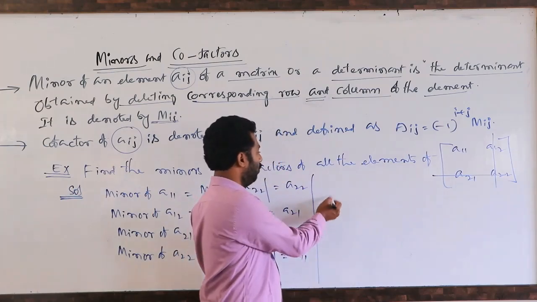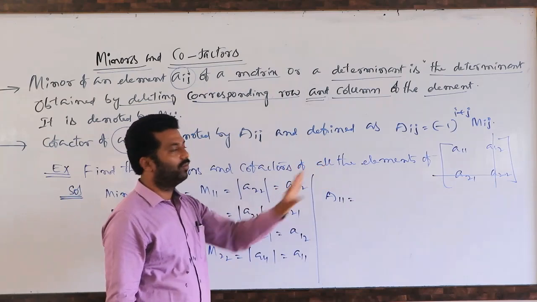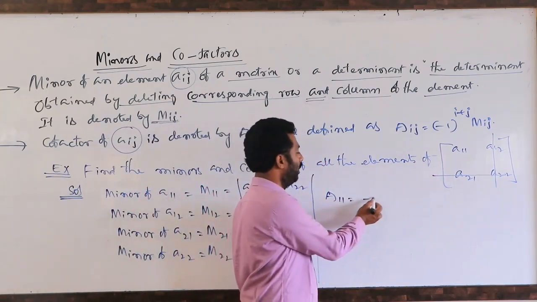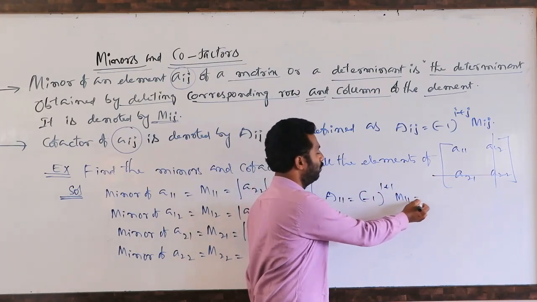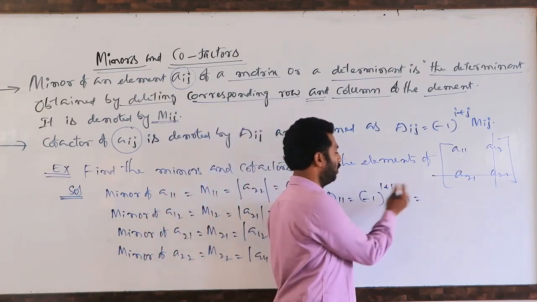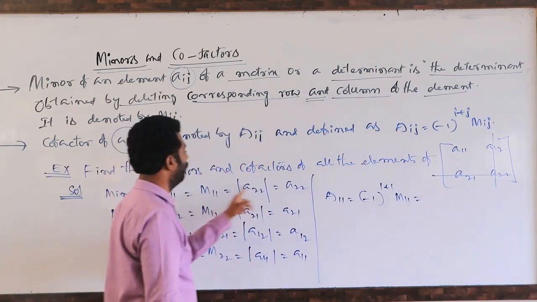See here, what is A11? The cofactor of small a11. The definition: minus 1 whole power 1 plus 1 into M11. Minus 1 whole square means 1 only, that is nothing but M11.